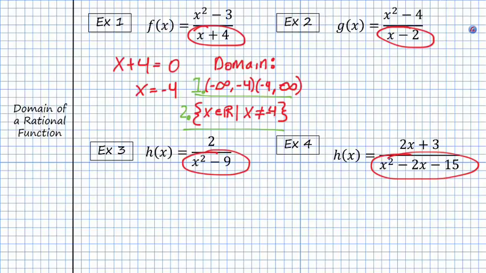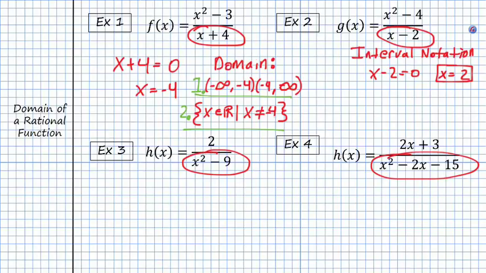Alright, so for the second one, I'm going to write it in interval notation. What we'll see is x minus 2 is equal to 0, so we get x is equal to positive 2, and that's where my domain cannot be.